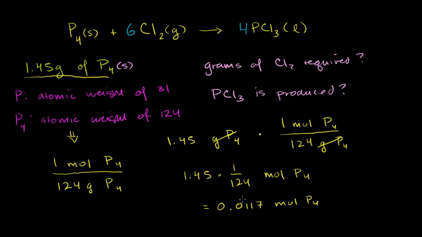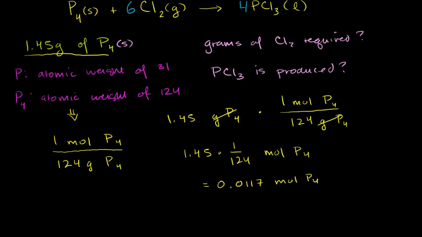Now, we need to think about, for every mole, let's scroll down here, although I don't want to lose my equation. So let me write down what we just have: 0.0117 moles of molecular phosphorus. And for every mole of phosphorus, how many moles of chlorine molecules do we need?